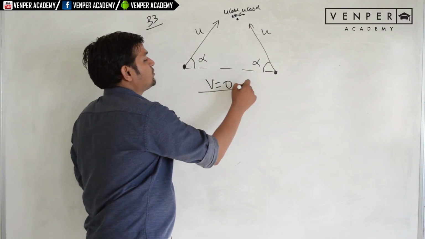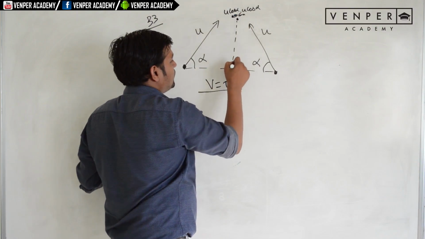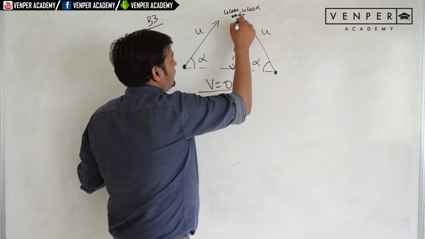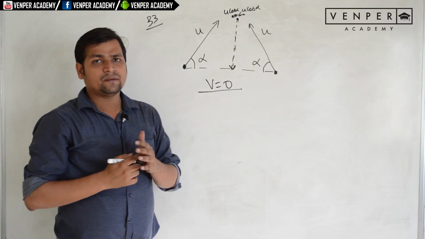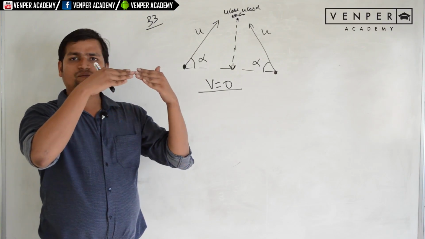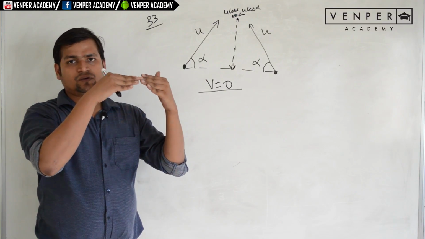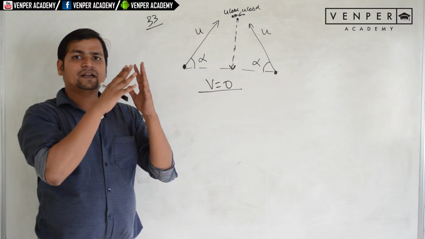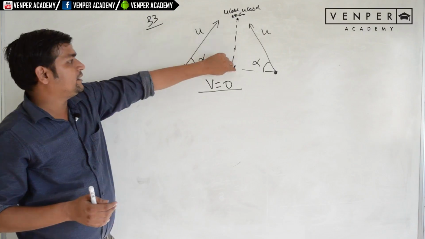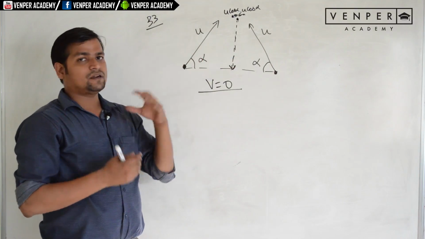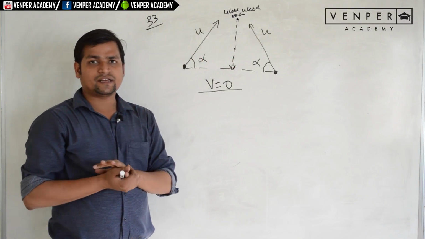So the object will move vertically downward. So these two options are correct, because at the highest point the total momentum is 0, and after collision they come vertically downward. They will not follow projectile motion after collision.